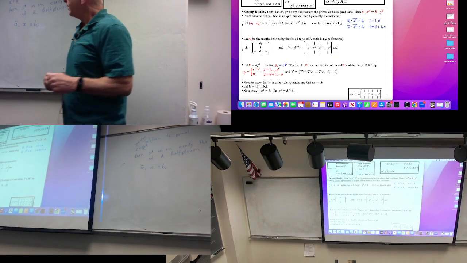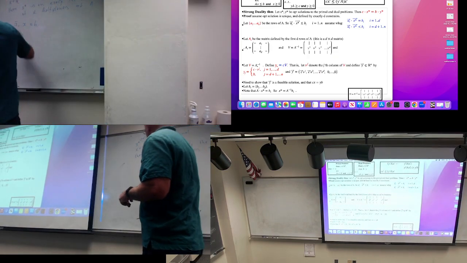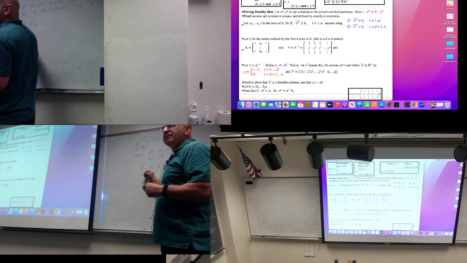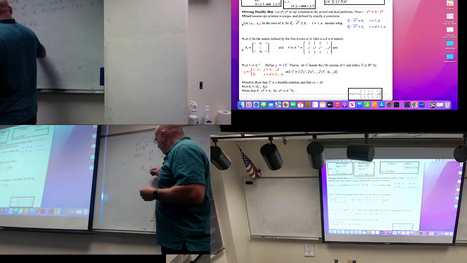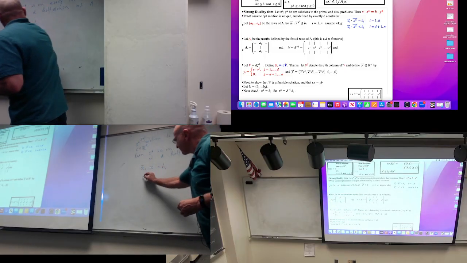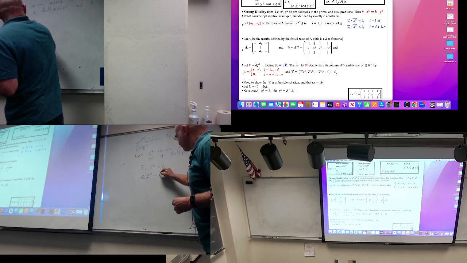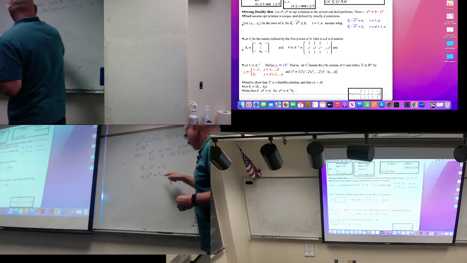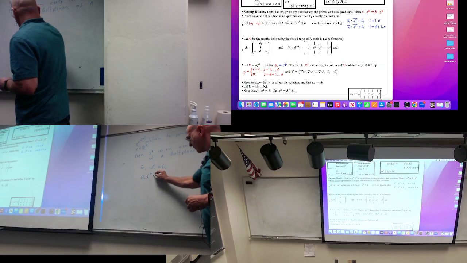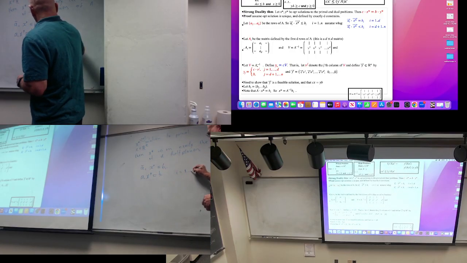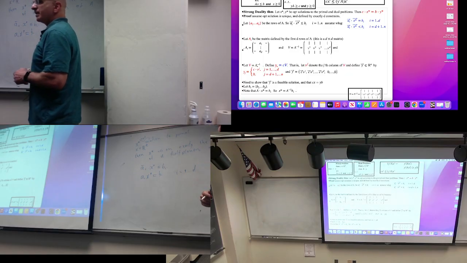Okay, and say that the ones that are tight are such that A_i x star equals B_i, not smaller, but equal to B_i, for i going from 1 to D. That would be the first two.